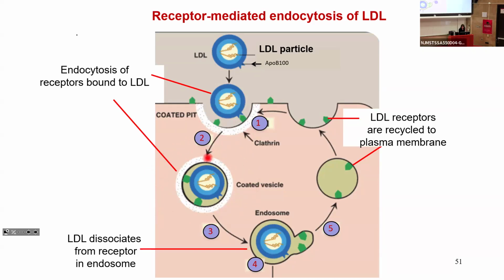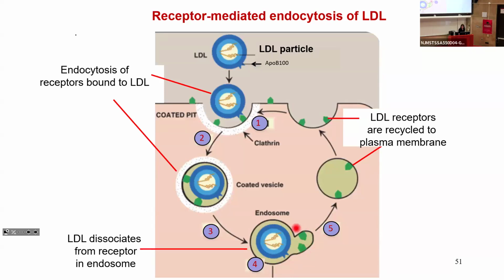That coated vesicle is going to go into the cell and it's going to fuse with another organelle called the endosome. And in the endosome, the pH is lower. It's like 6. Most of the cell is physiological, like 7.4. This is more like 6. And at that pH, now the receptor and the ApoB100 are going to dissociate.